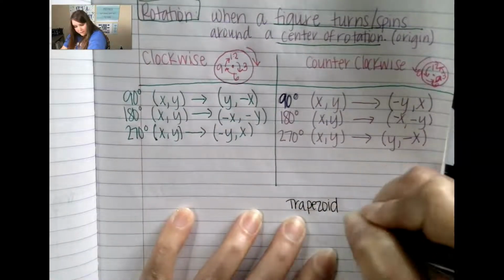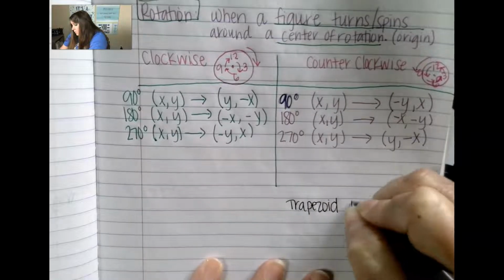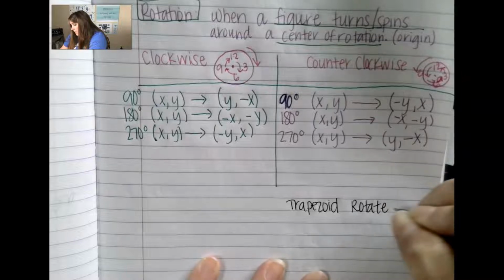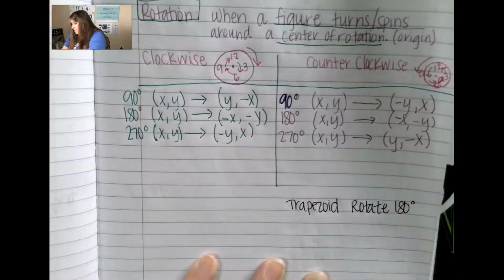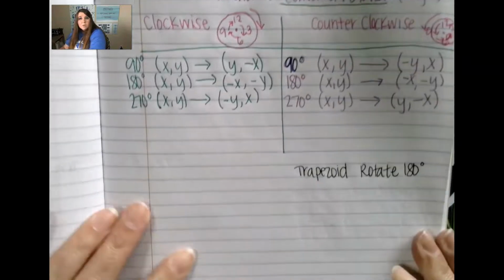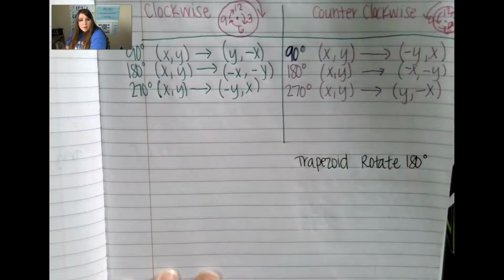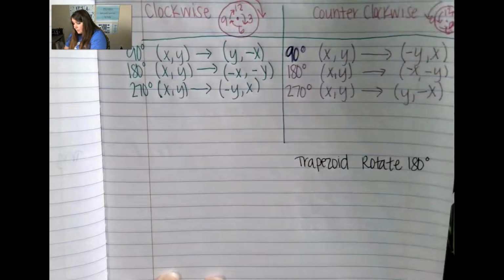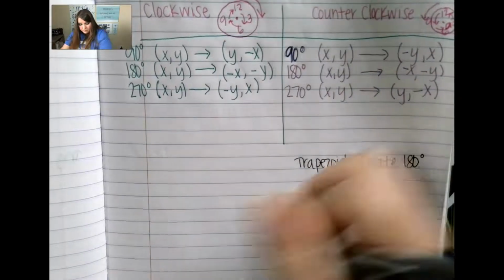And we're going to graph this trapezoid, and it's going to rotate 180 degrees. Now, it can rotate either clockwise or counterclockwise because they both end the same way.